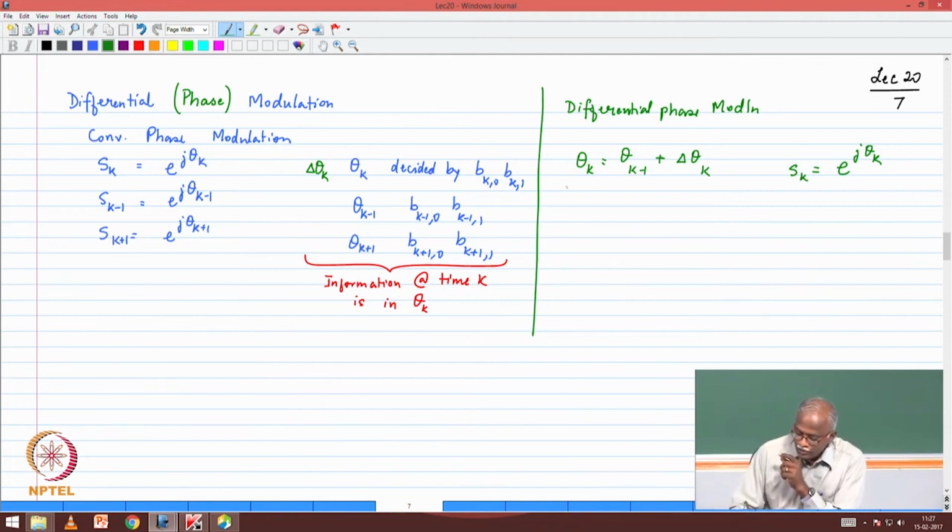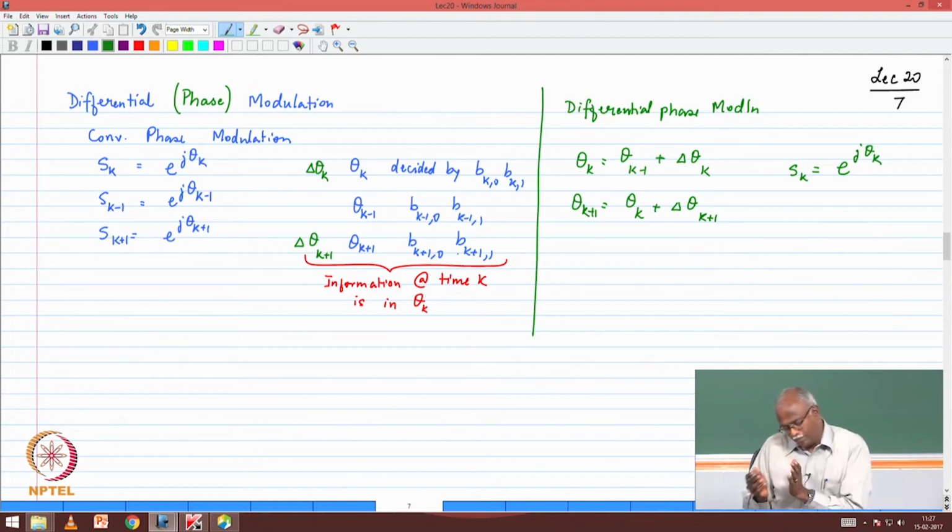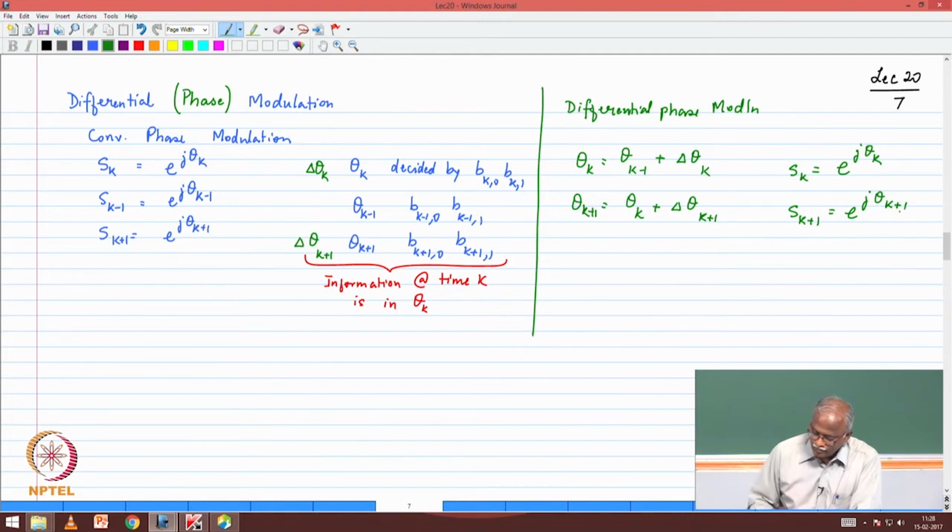Now let's look at theta_{k+1}. This would be theta_k plus delta theta_{k+1}, which is determined by b_{k+1,0} and b_{k+1,1}. So s_{k+1} is equal to e^{j theta_{k+1}}.